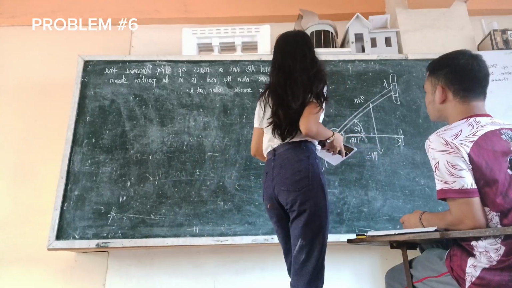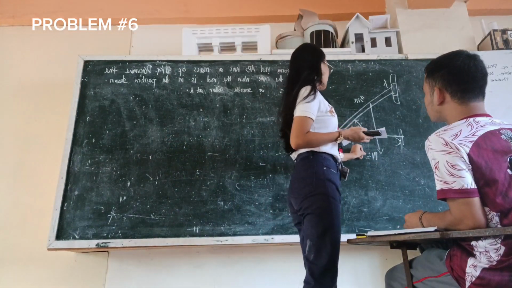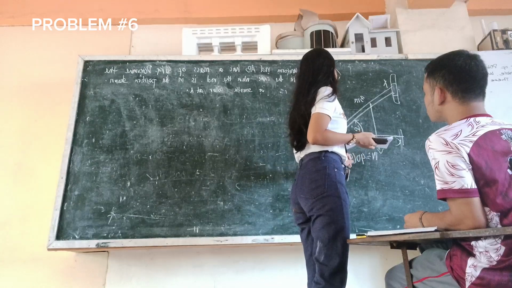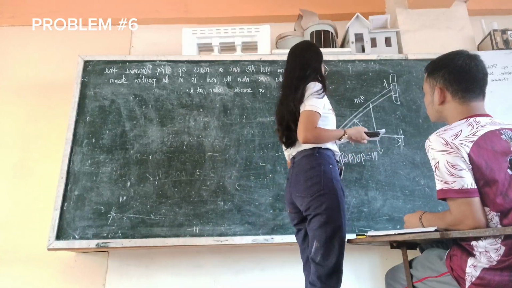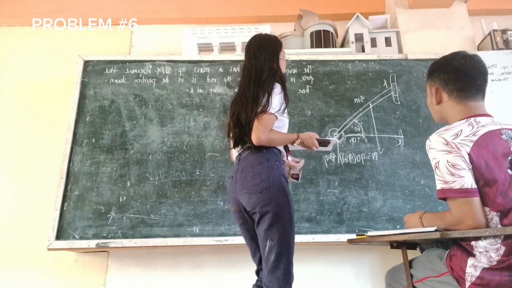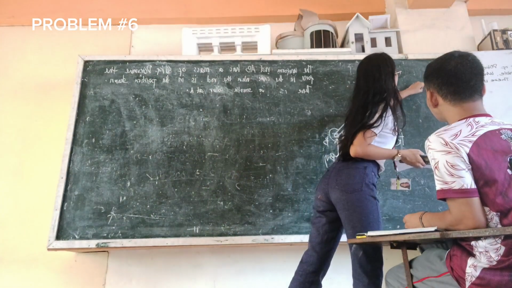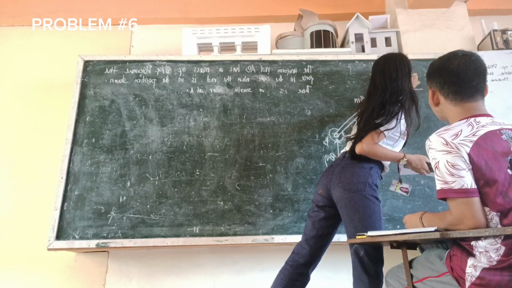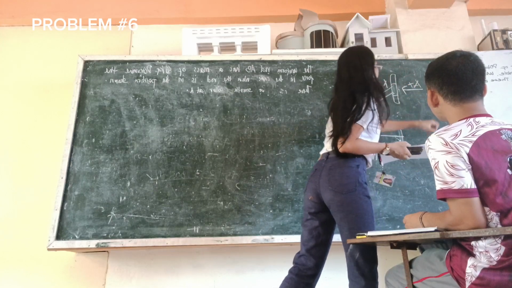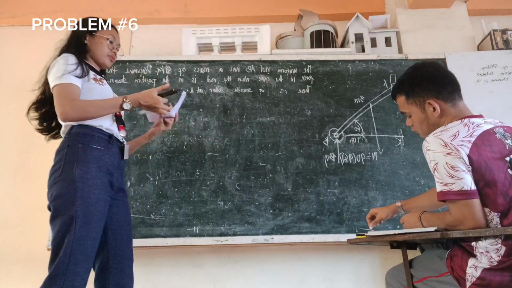The weight is given by the mass of 40 kilograms, so 40 times 9.81. At point A, we only have one reaction, which is in the x direction. Okay, so now we have our free body diagram.